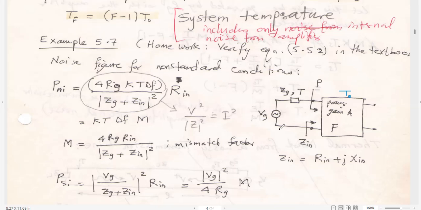Now the impedance squared is the sum of Zg and Z input because they are in series as seen by the source.